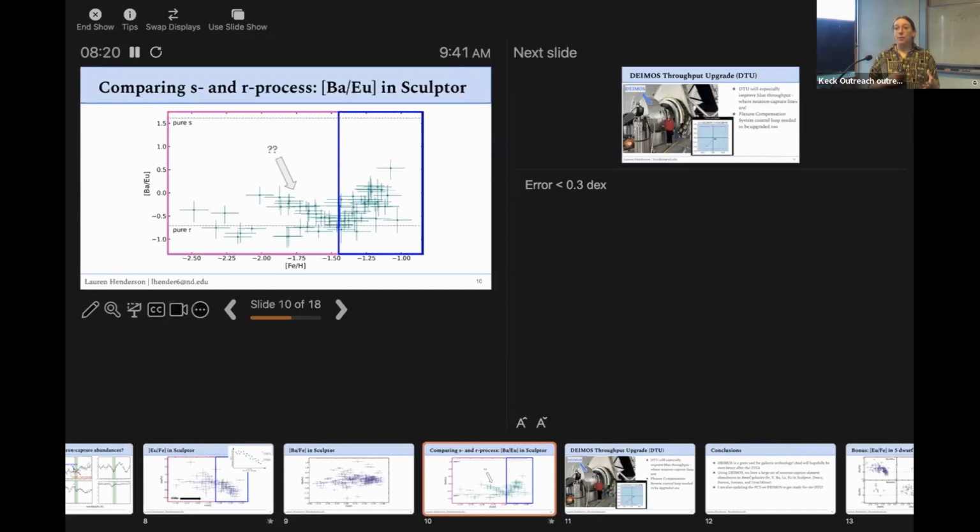So it doesn't really align with what we would expect to see. But one possibility is this could be a contribution from a process that makes the s-process faster, something like fast rotating massive stars that are expected to also have s-process production. But yeah, that's just one of the exciting bonuses we get when we start getting lots and lots of neutron capture abundances in these dwarf galaxies.